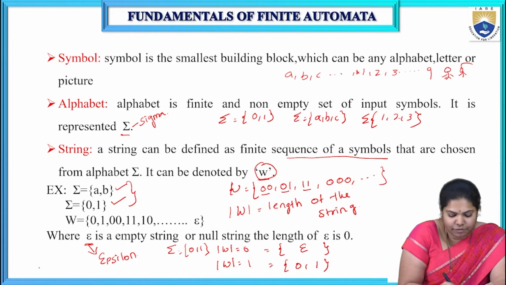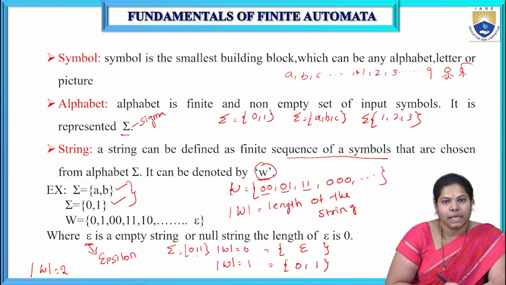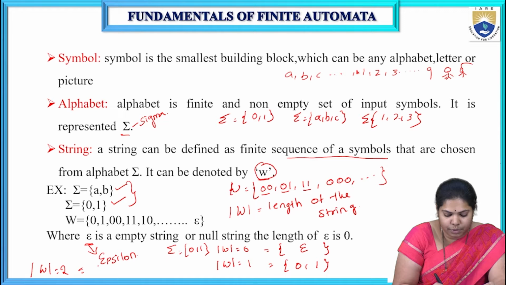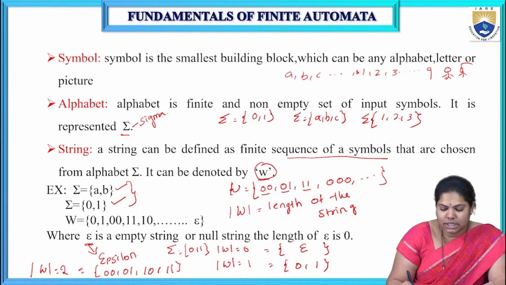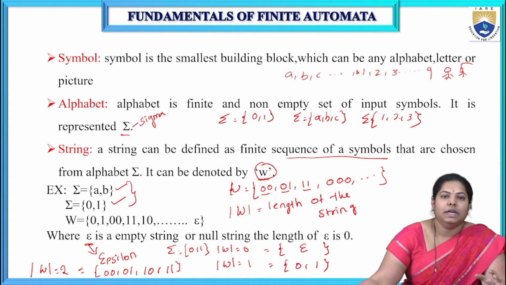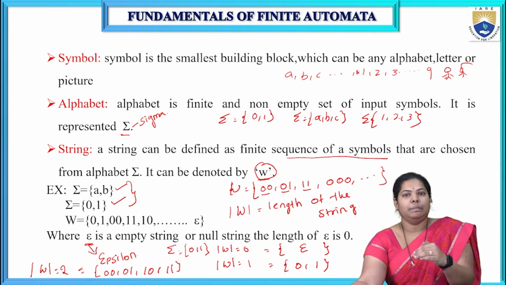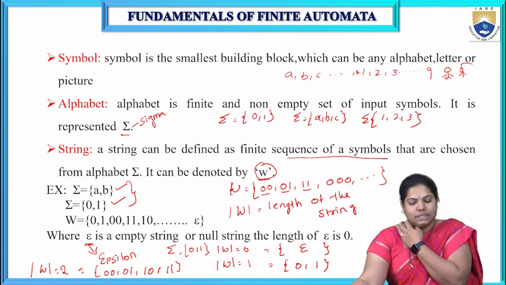Or if the string length is equal to 2, on the same input symbols 0 and 1, we get the outputs 00, 01, 10 and 11. So this is how the strings are derived by taking the input symbols.